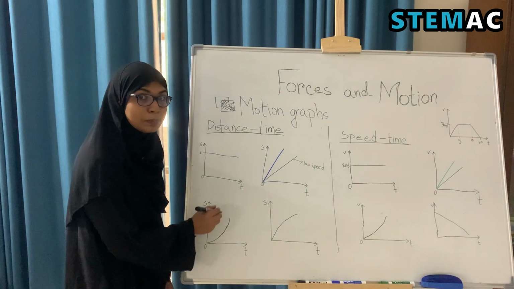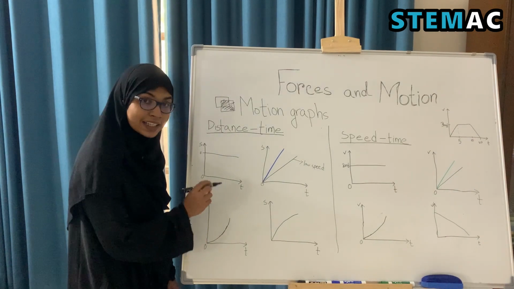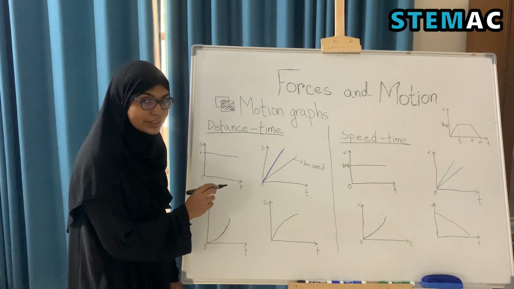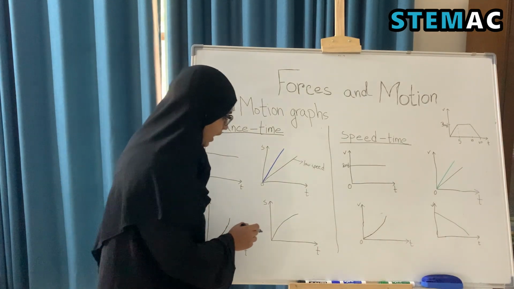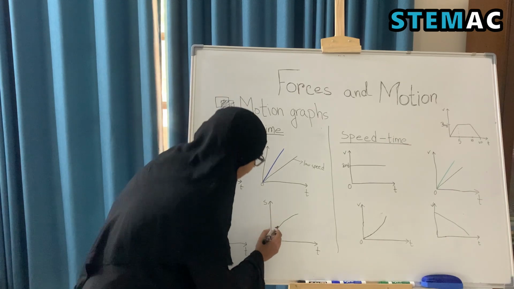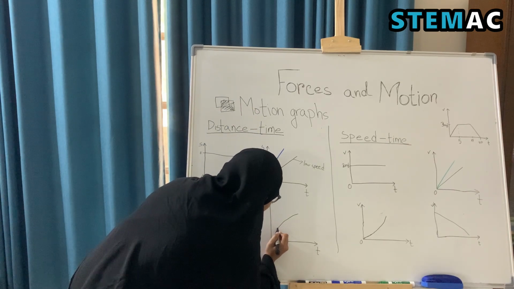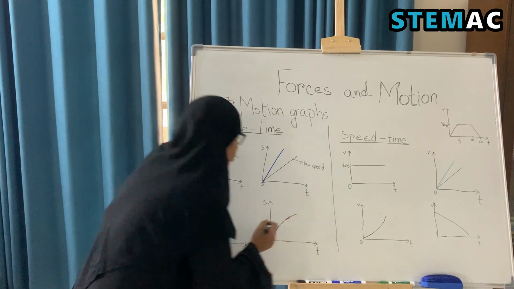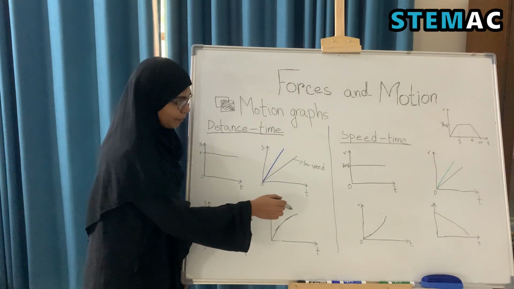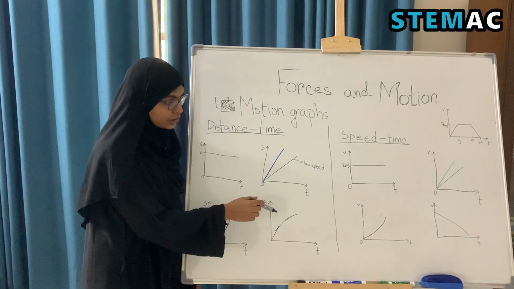That means the speed is increasing, and in acceleration, speed increases at a constant rate. And here we can see that the gradient is decreasing, the slope is becoming less steep. So here deceleration is occurring.